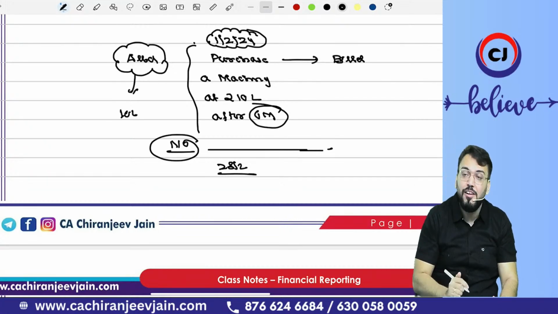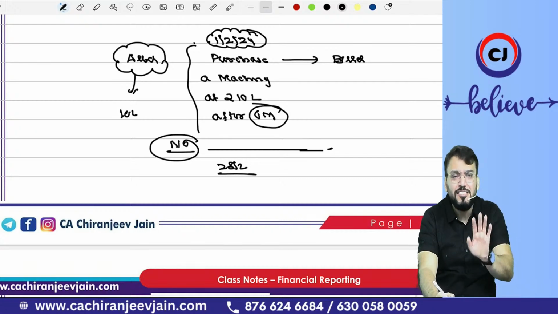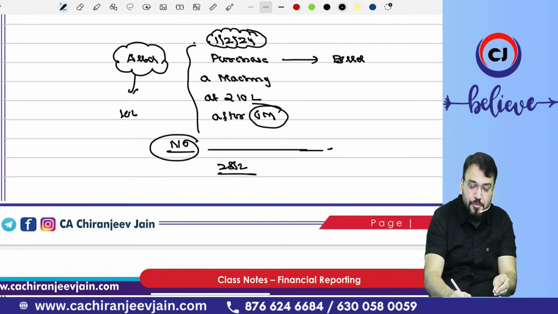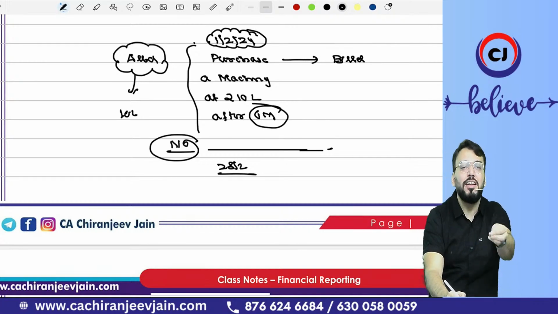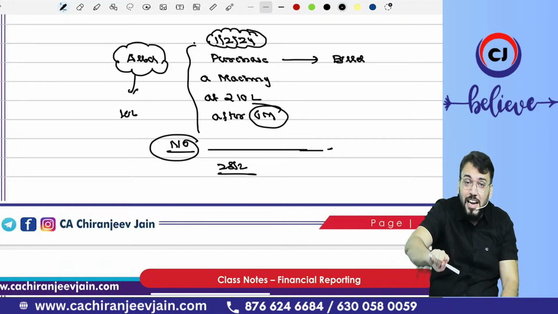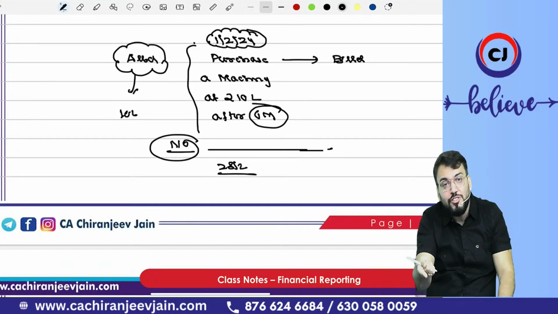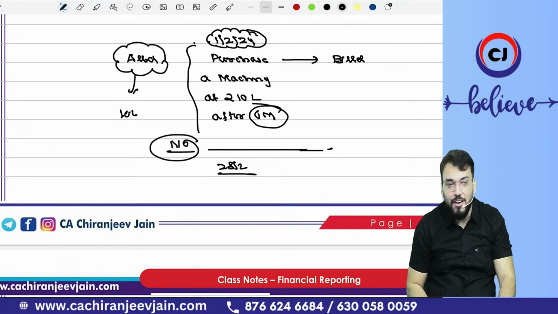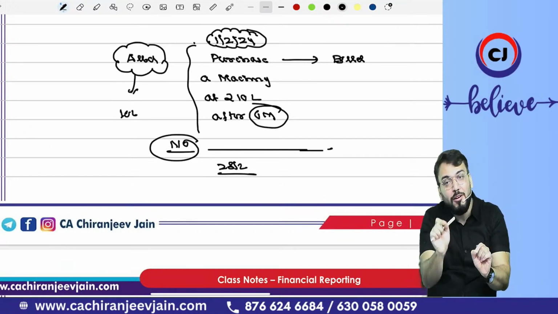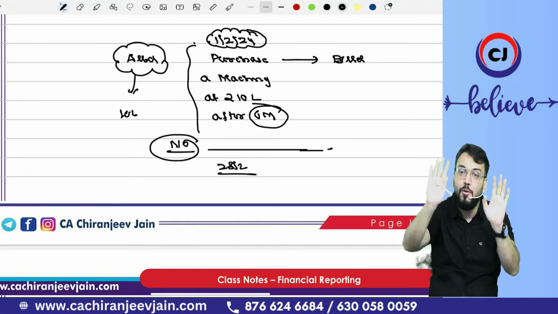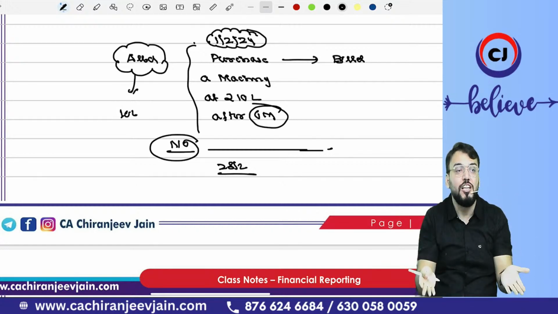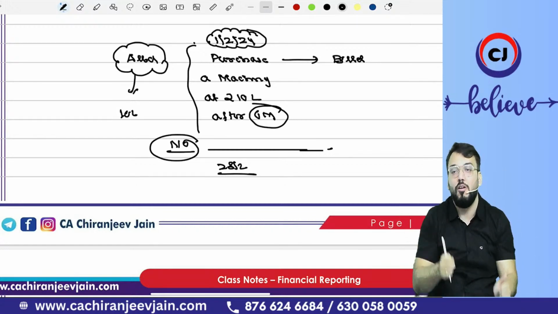Now whenever we make a contract, is it a cancelable contract or a non-cancelable contract? Non-cancelable contracts are those which can be cancelled upon payment of penalty. Whenever we have made a contract, it means non-cancelable because it is enforceable in the eyes of law.